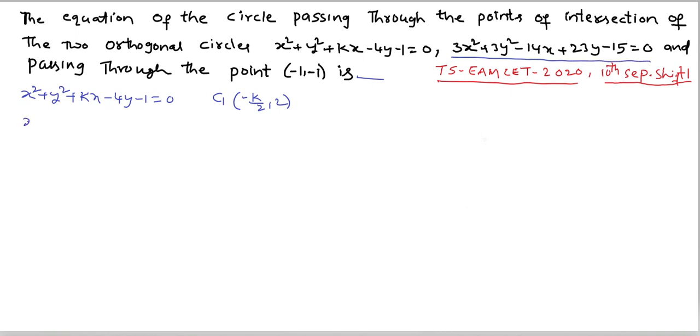Dividing by 3, that is x square plus y square minus 14 by 3 into x plus 23 by 3 into y minus 15 by 3, that is 5, is equal to 0. So the center of this circle C2 is 7 by 3 comma minus 23 by 6. So given these two circles are orthogonal.